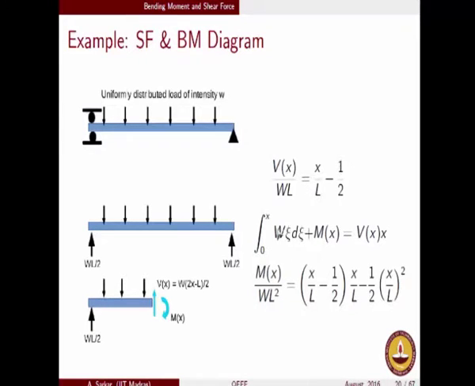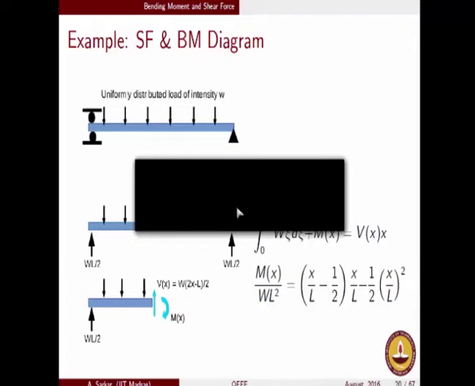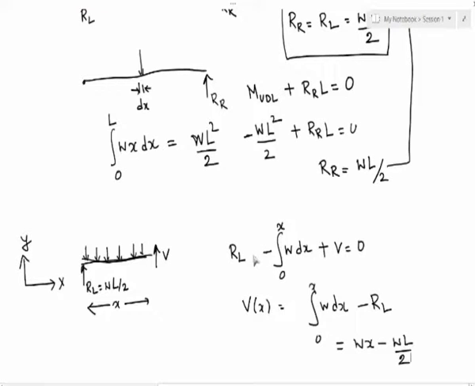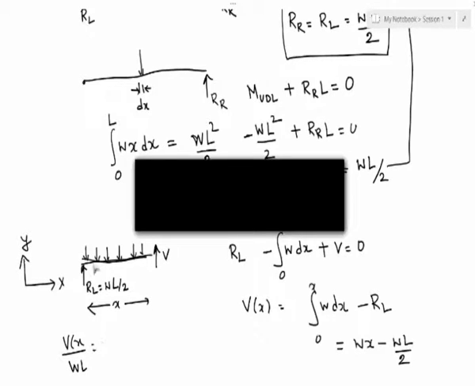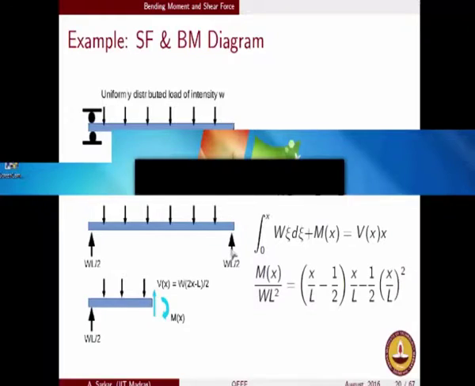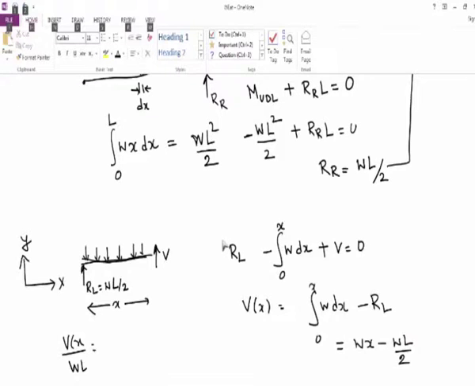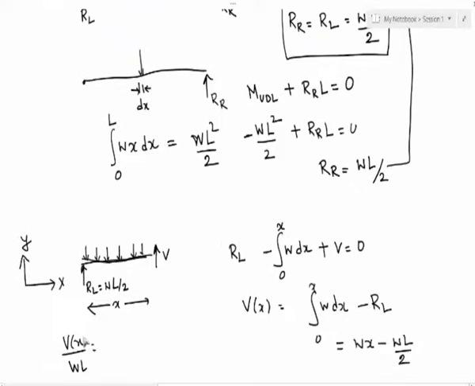So Vx, as I have written, my answer is Vx by WL is x by L minus 1 by 2.